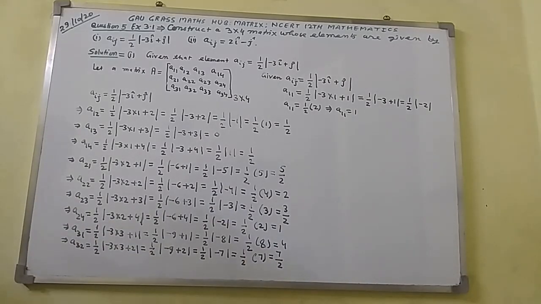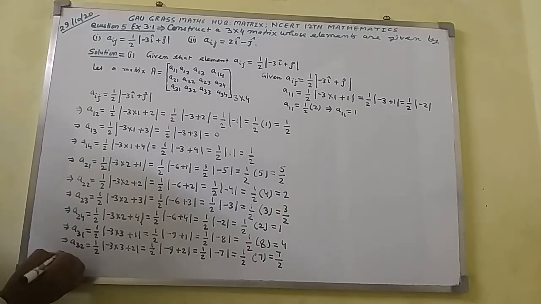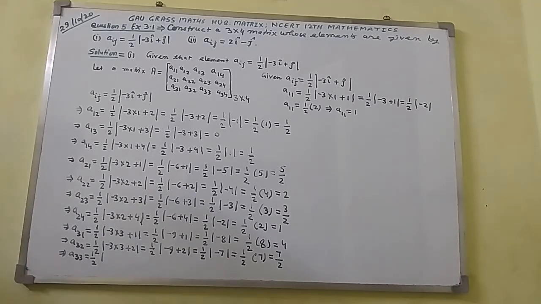Now find the result of A input double 3. So here I shall write A input double 3. You will get 1 over 2 mod.